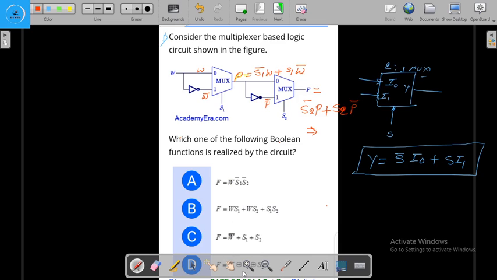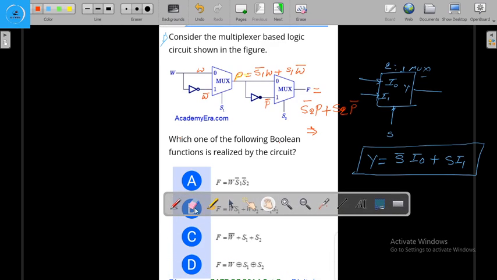See here, one last option is given: W XOR S1 XOR S2.